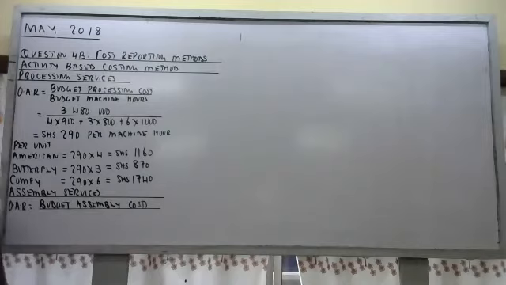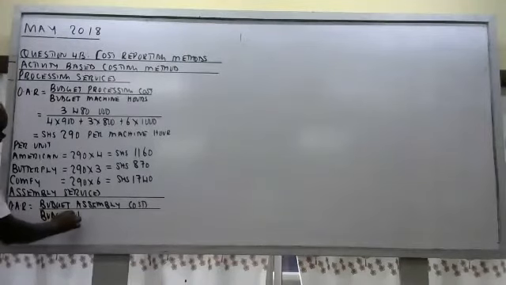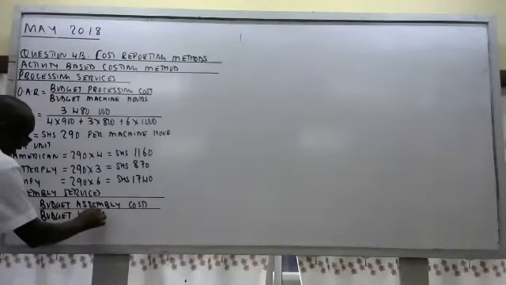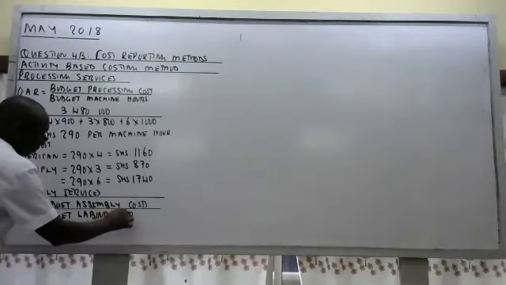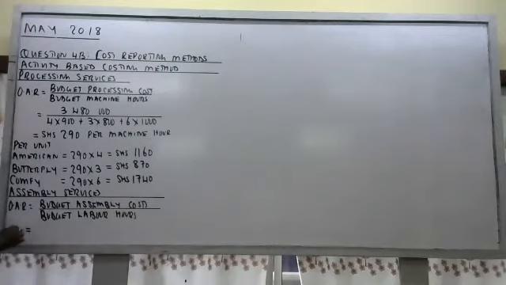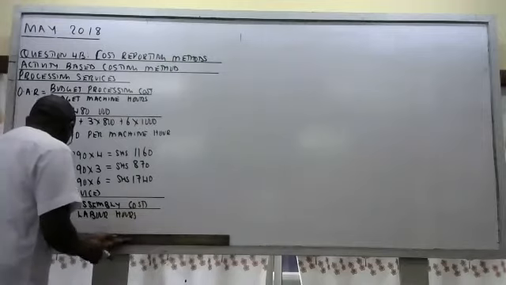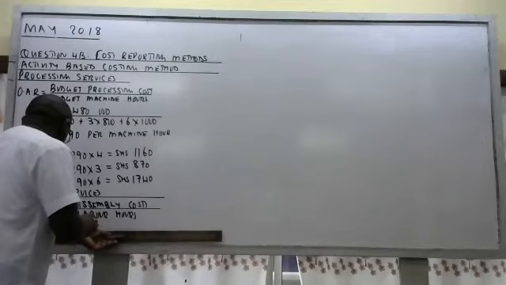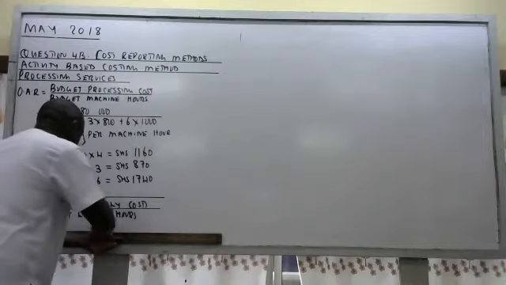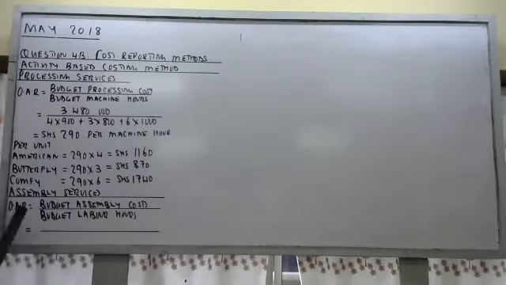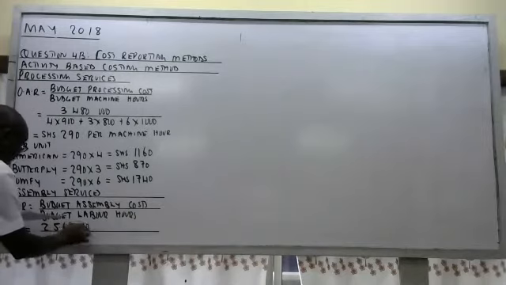Now this one we can go by assembly hours, that is labor hours. So this then translates to the cost. The cost is 2,562,000.